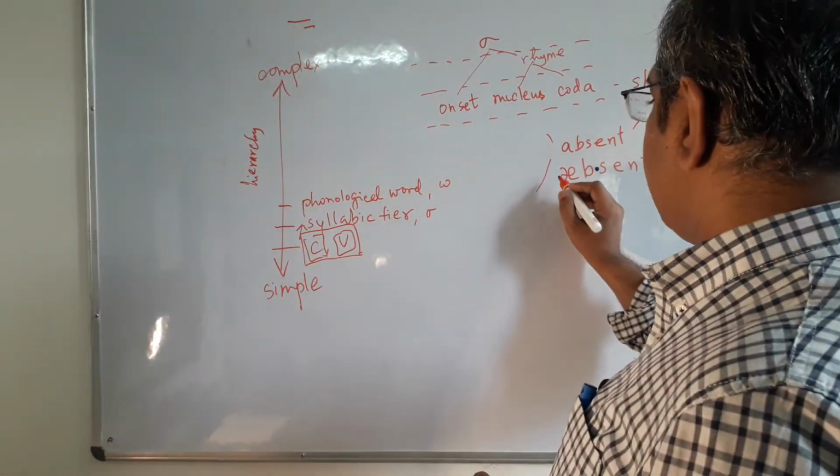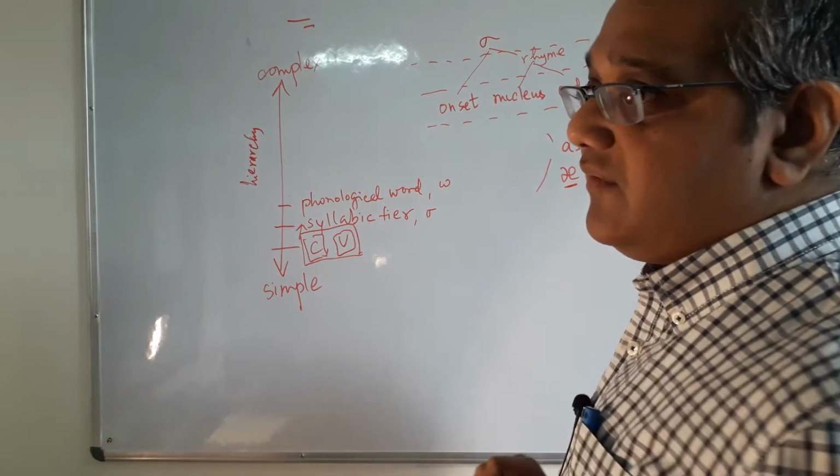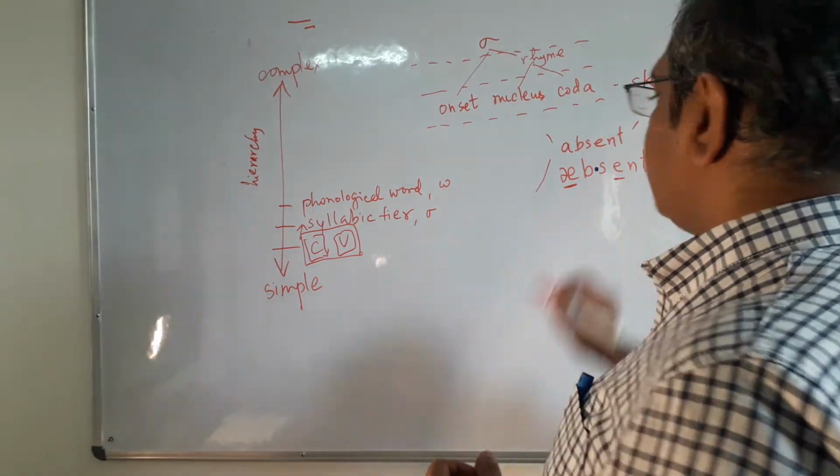In this, you can see that there is one vowel here and another vowel over here.